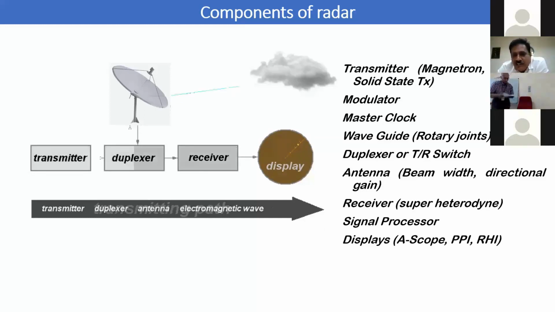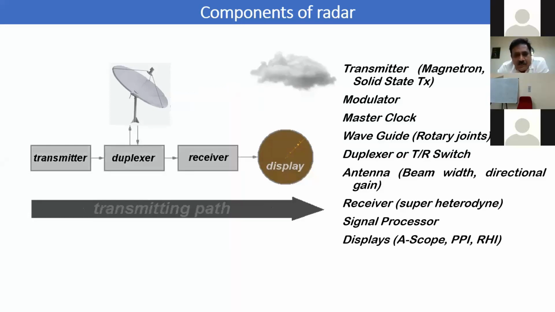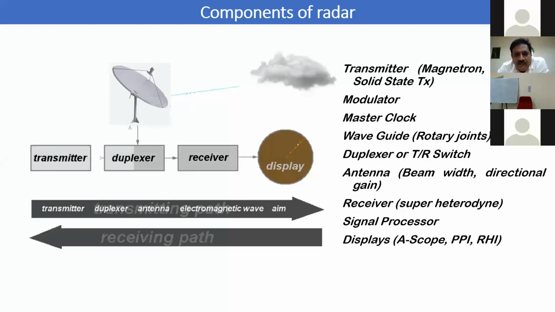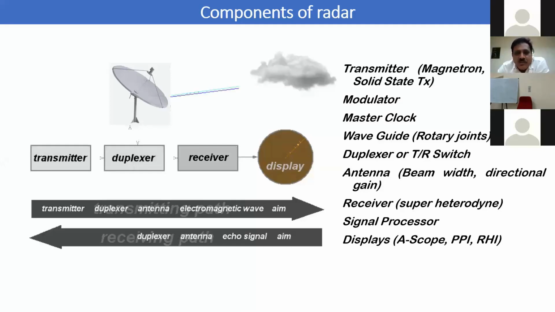Then we have a duplexer, a very important component, because during transmission it has to connect the transmitter to the antenna without leaking any power to the receiver, because the receiver front end has very sensitive devices, and it would spoil those devices. So the duplexer plays an important role in connecting the transmitter to the antenna during transmission, and during reception it has to connect the antenna to the receiver. The backscattered echo we get from the atmosphere has to be connected to the receiver during reception.